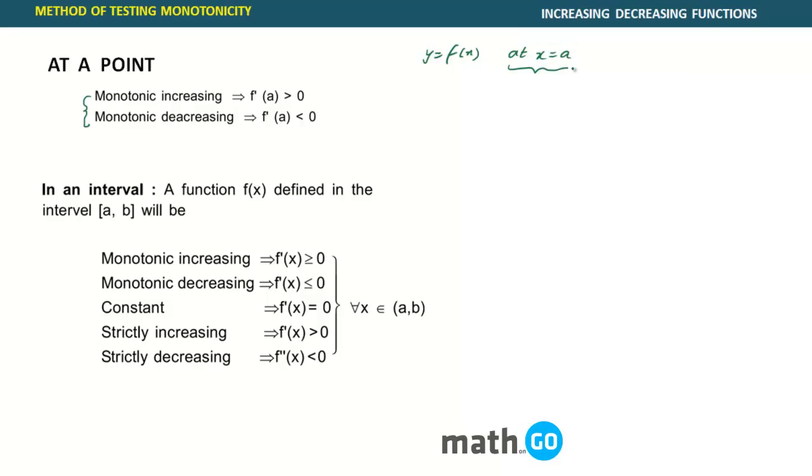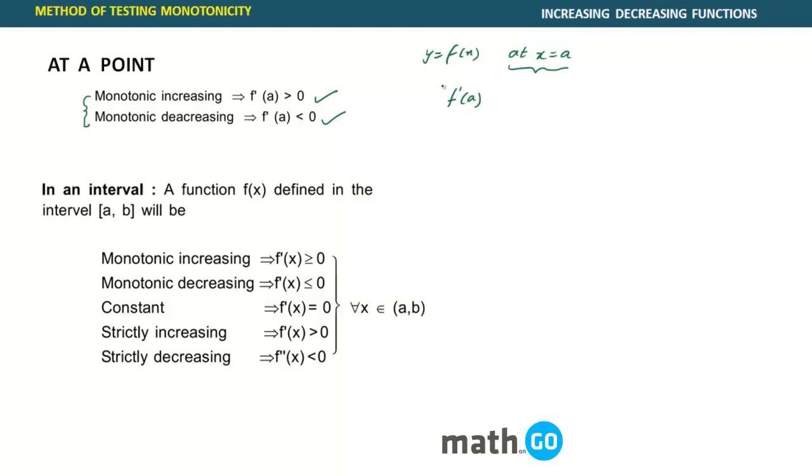You check for monotonicity at a point, believe me. So if you want to check monotonicity at x equal to a, you will have to differentiate, and find f'(x) at x equal to a, that is f'(a). If it comes out to be greater than 0, it is monotonically increasing. If it comes out to be less than 0, then it will be monotonically decreasing.